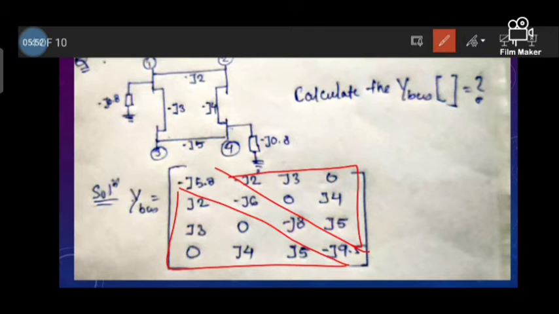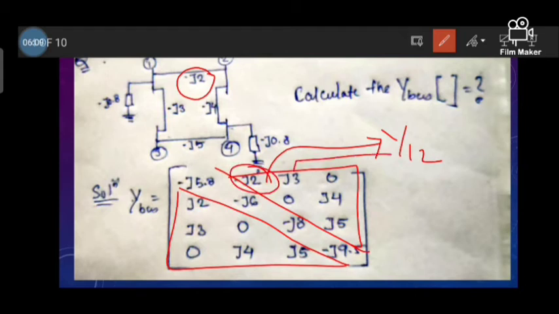So this is y12. y12 is between 1 and 2, minus j2, but here the minus will be cancelled because of minus of minus, so that is equal to plus j2. Like that y13, that is equal to minus j3, but minus of minus j3 is equal to plus j3.